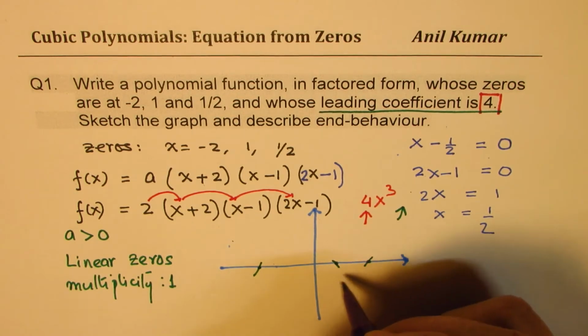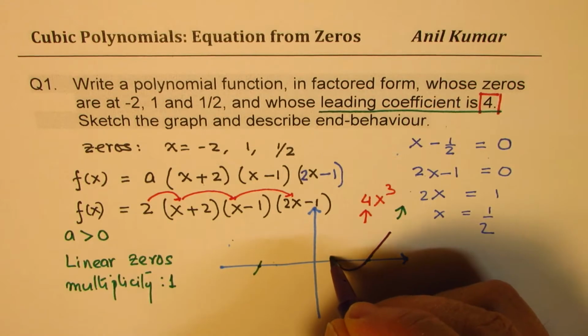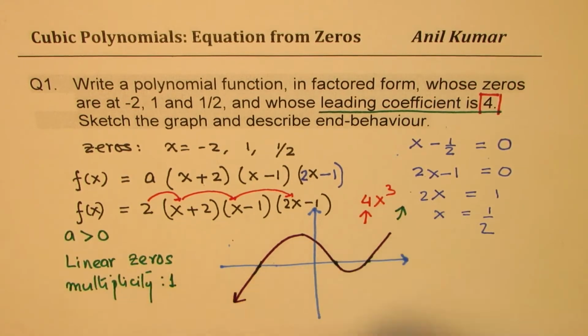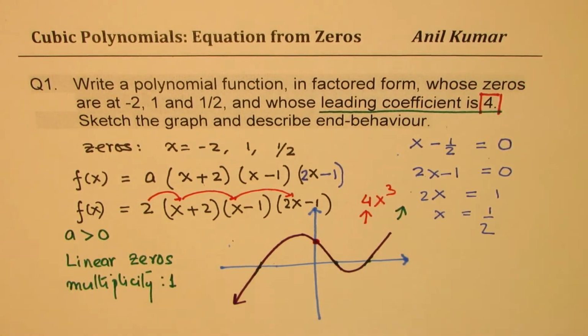So that's the difference between zeros and x-intercept. So now we can connect these points and sketch the graph. Somewhere it will hit the y-axis like this. Now, this is a very critical point to calculate for any of our graph, and that point makes the graph unique. So we have to find what is f of 0.